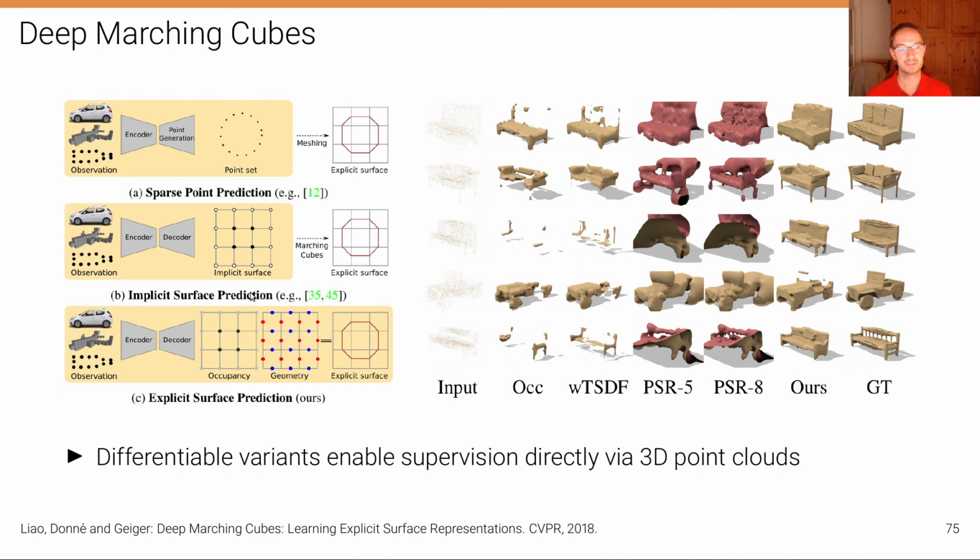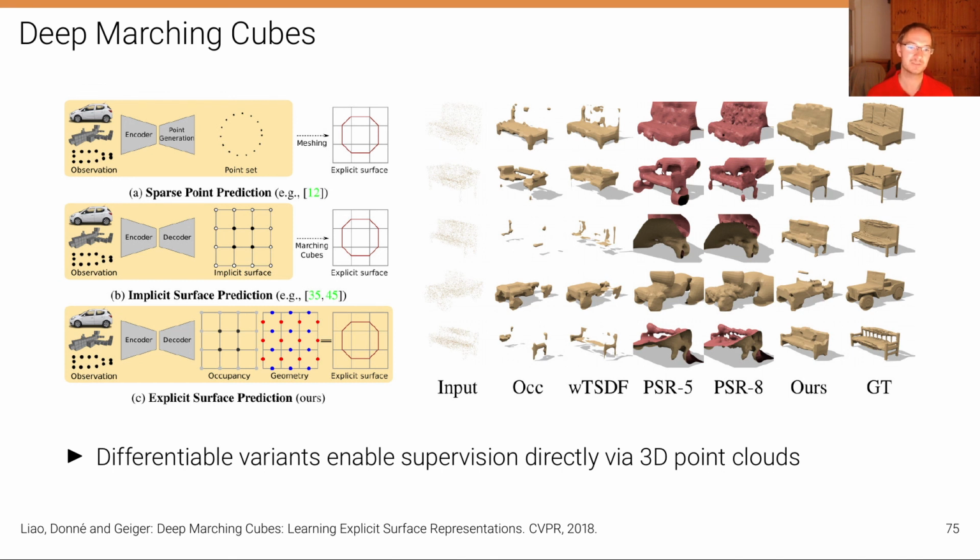And so in this work, a variant of the marching cubes algorithm that we have just seen has been developed that is differentiable. It's actually easy to see that the original version of the marching cubes algorithm is non-differentiable because of the topology changes.